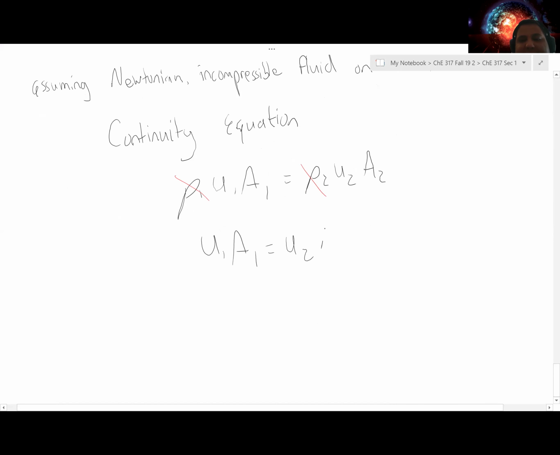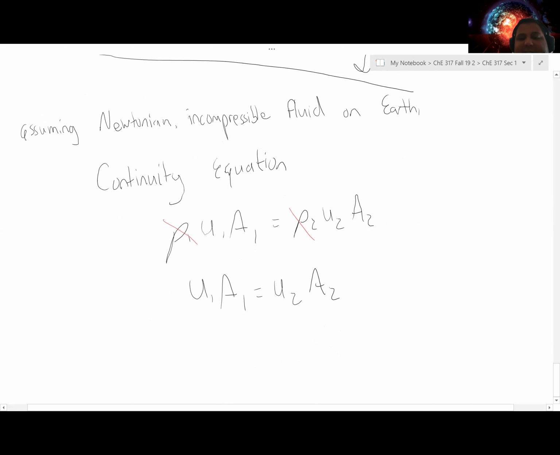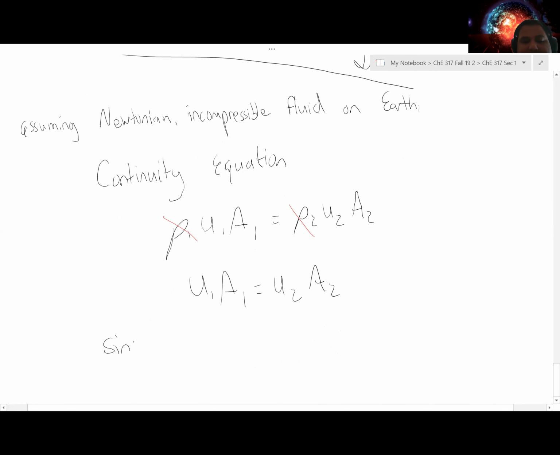Since the area is increasing, A2 is greater than A1, that implies U2 is less than U1. So you're right in that regard that the velocity is decreasing. Now let's look at the Bernoulli, or the simplified Bernoulli expression.